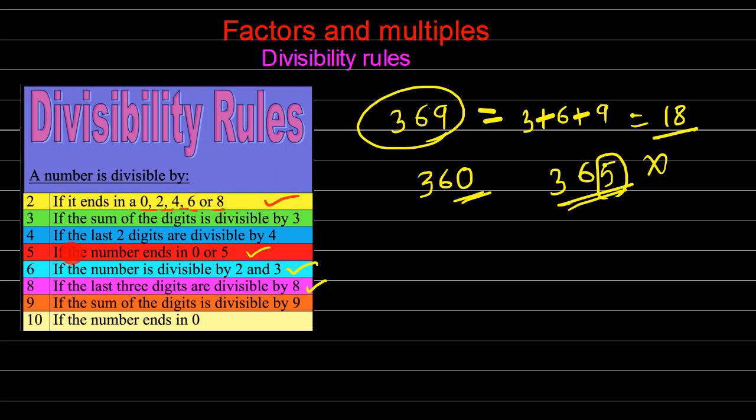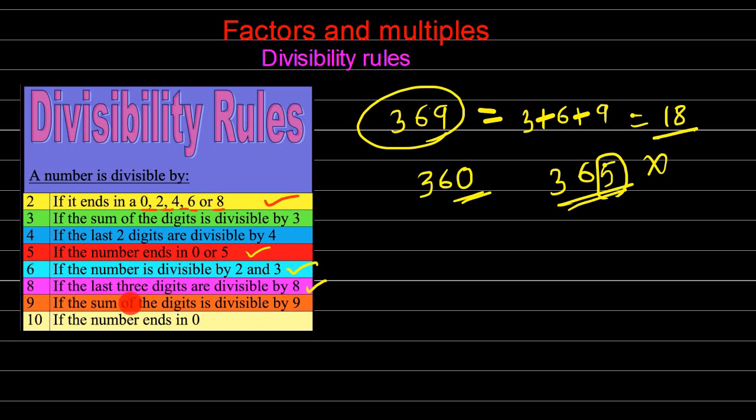Divisibility rule of 5 is, if the number ends with 0 or 5, then the number is divisible by 5. Then 6, if the number is divisible by 2 and 3, then the number is divisible by 6. For 8, if the last 3 digits are divisible by 8, then the whole number is divisible by 8.